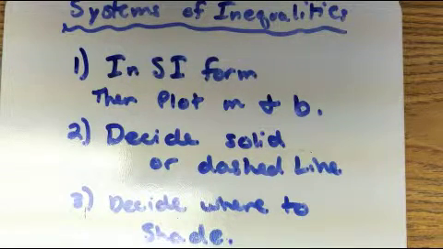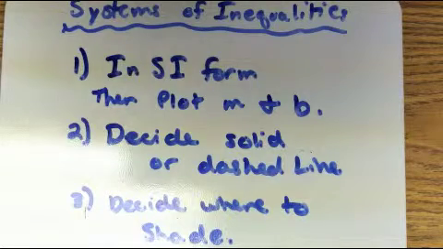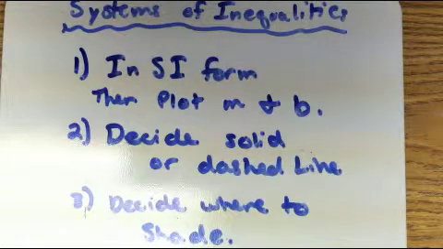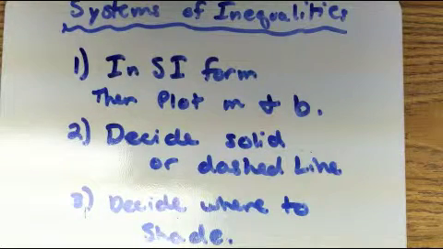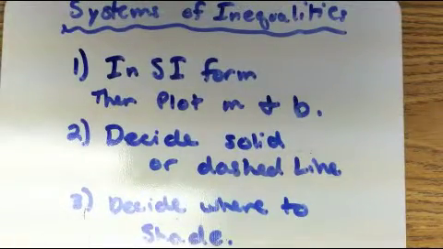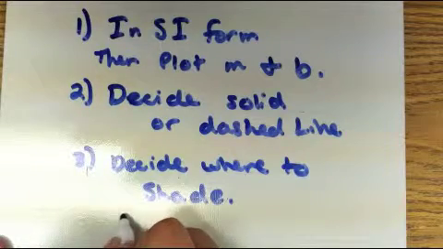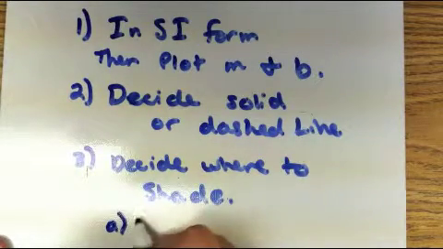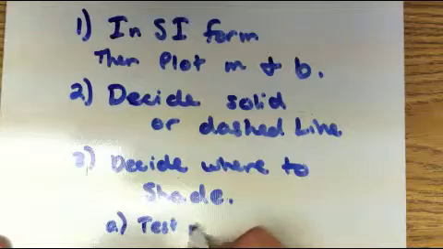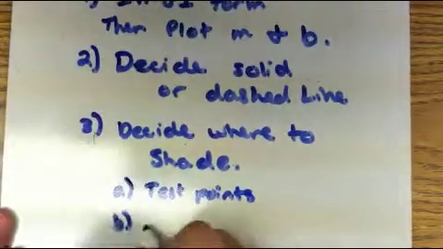Okay, I am going to show you the 2 ways. One, by test points, by picking a point, plugging it in, and seeing if it's true or false, and then deciding where to shade, or by using the calculator. Okay, I will show you both, and then you can decide. Once again, it's up to you which way is easier for you. Okay, so how do we decide where to shade? We can either use A, test points, or B, the calculator.